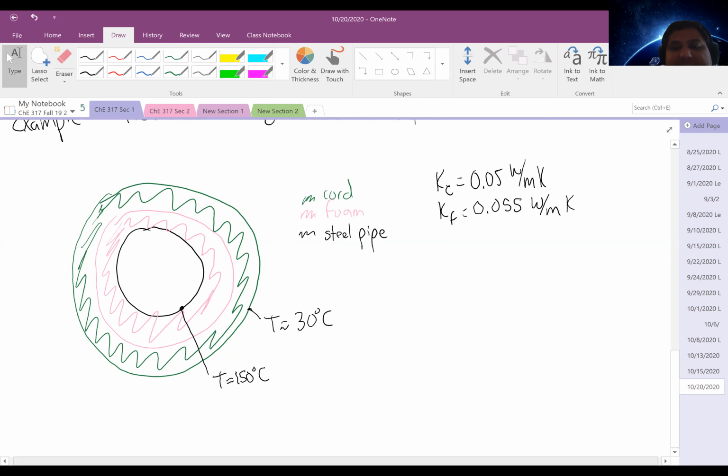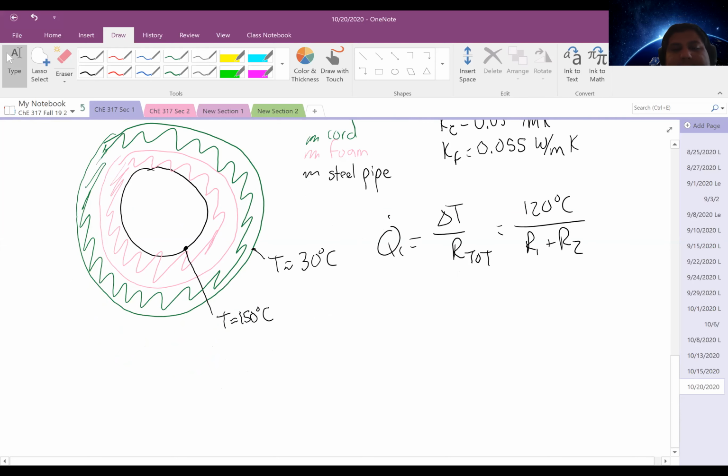So in this system, we can find the heat transfer rate as delta T over R total, where delta T is simply 120 degrees C, and R total is R1 plus R2, the thermal resistance through the foam and the thermal resistance through the cork. The thermal resistance through the foam is ln R_O over R_I divided by 2 pi L k.